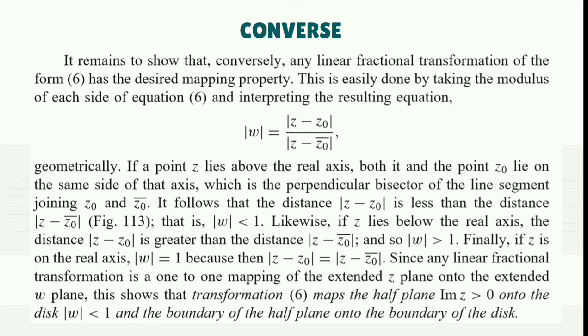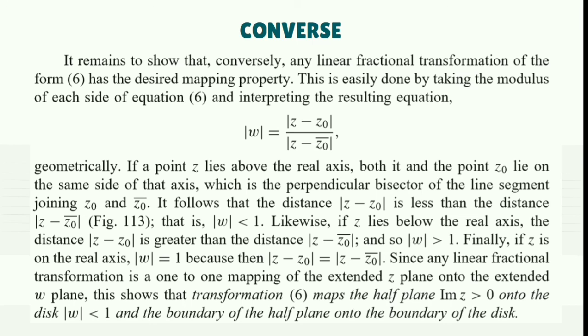Likewise, if z lies below the real axis, the distance |z minus z0| is greater than the distance |z minus the conjugate of z0|, and so we have the absolute value of w is more than 1. Finally, if z is on the real axis, we have that the absolute value of w equals 1, because then |z minus z0| equals |z minus the conjugate of z0|.